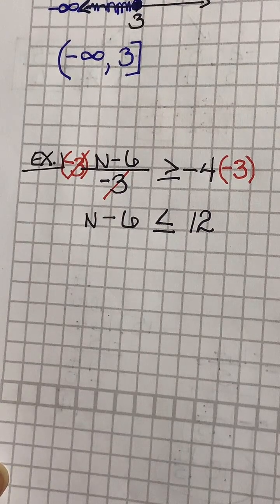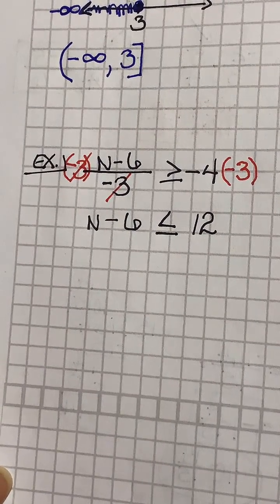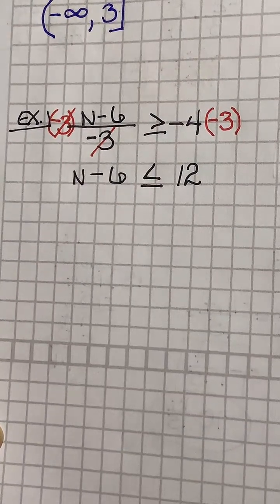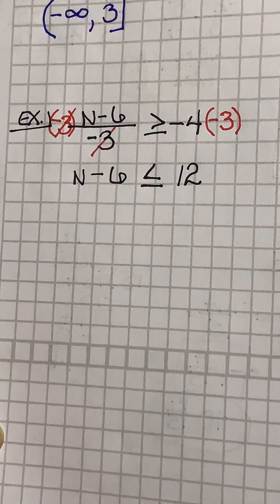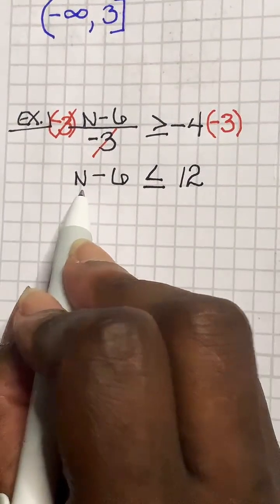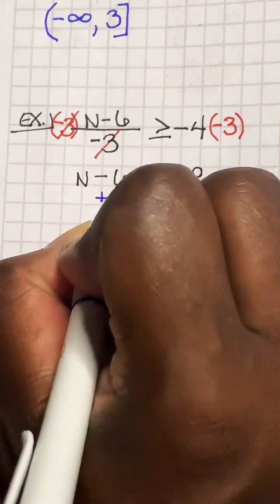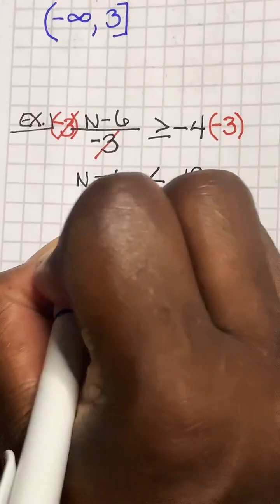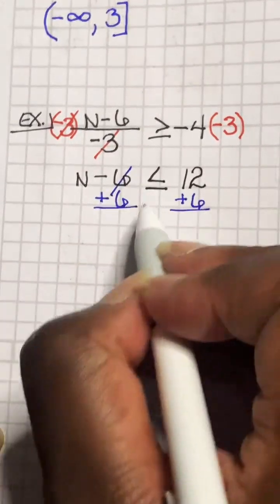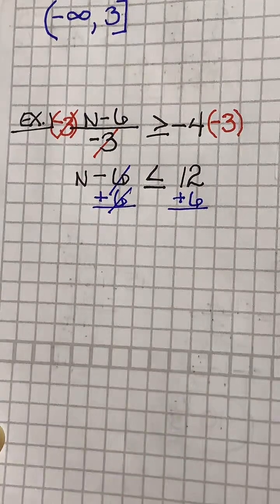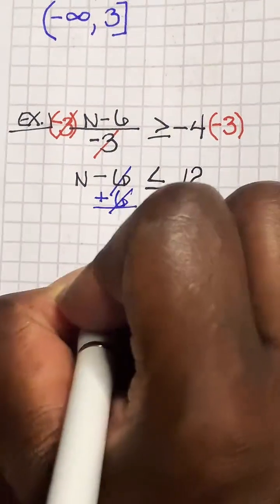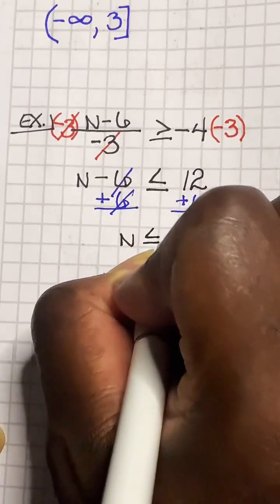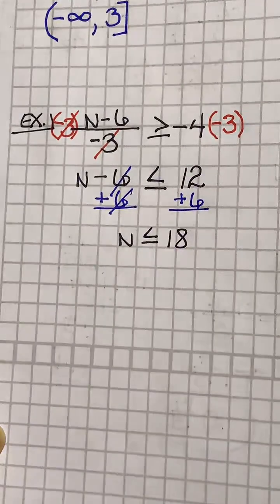Now we can finish it out. Try to get n by itself. That means we have to add 6 on both sides. Negative 6 plus 6 cancel out, leaving me with n is less than or equal to 18.